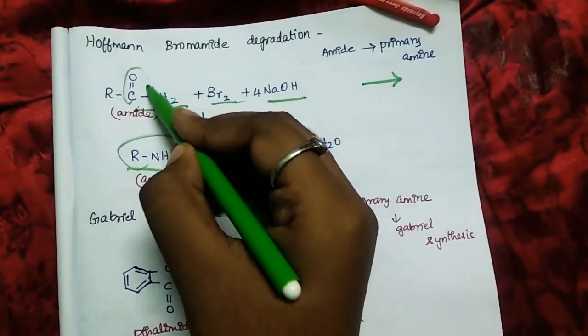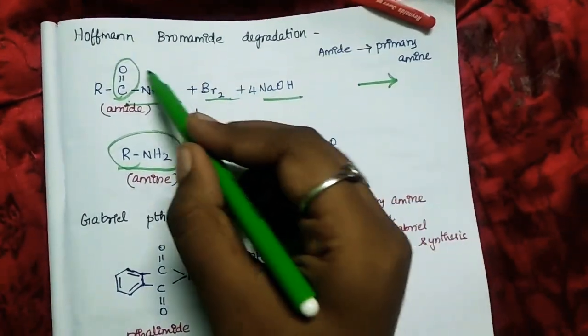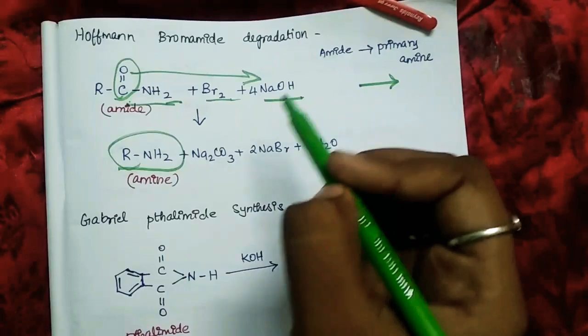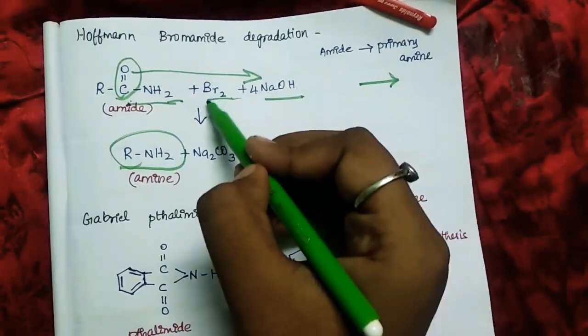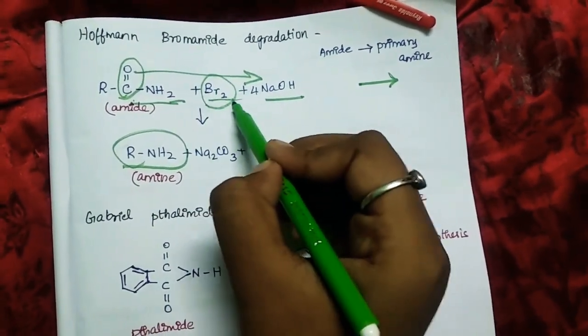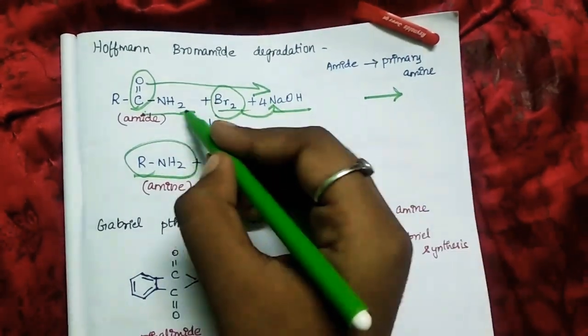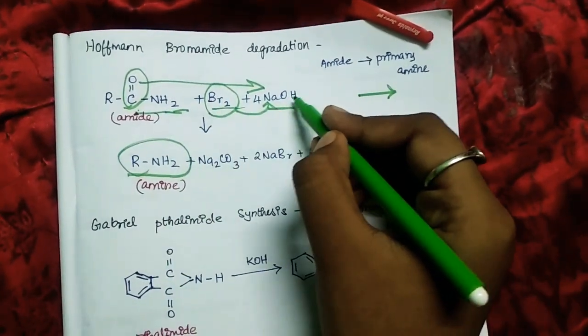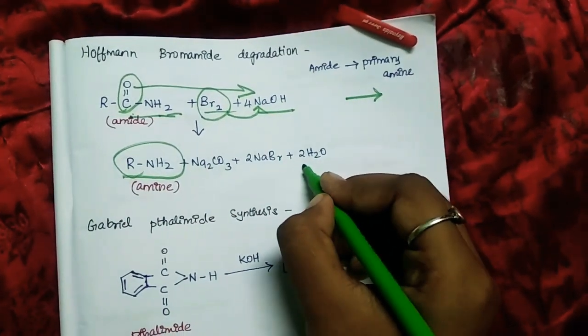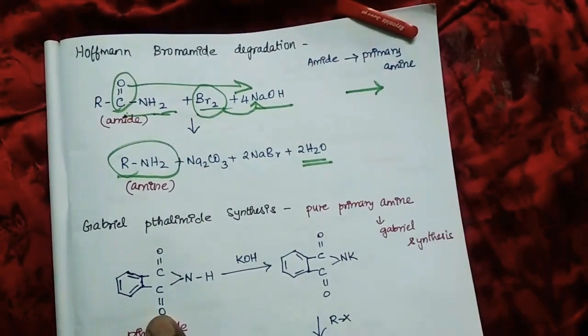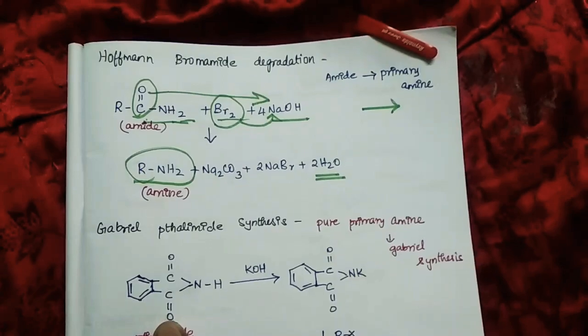Here, the carboxylic group is removed with sodium and the bromine is removed with sodium, and the rest OH minus is converted into water. So this is Hofmann-Bromamide degradation.